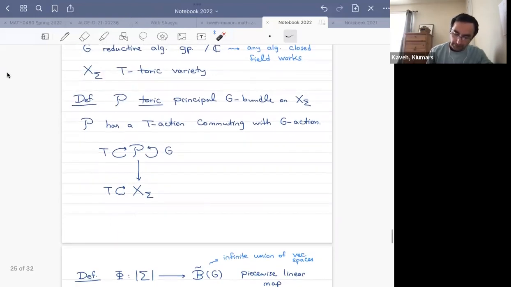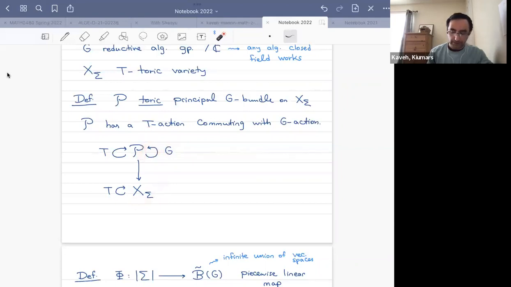Okay. Then a toric principal G bundle is a principal G bundle over X sigma. By definition, it has a G action, where G acts trivially on the base, no action on the base, and acts transitively on each fiber.